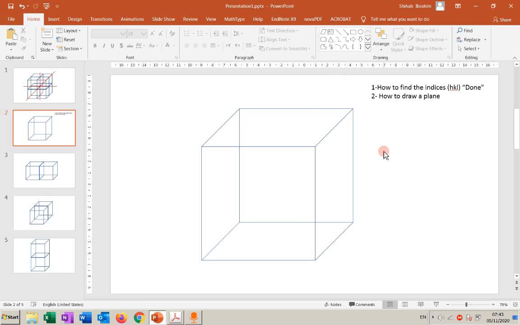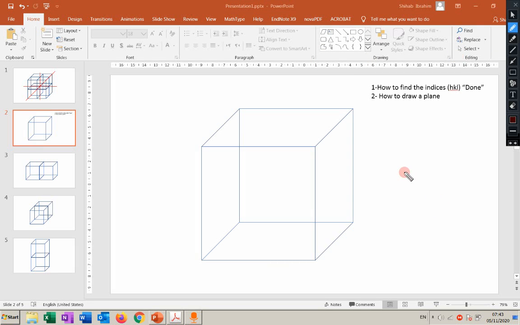Now we'll start with the easy thing, then go step by step into the cases. The first plane I want to draw is triangular, which is the easiest one. Triangular has three Miller indices, no zero inside.